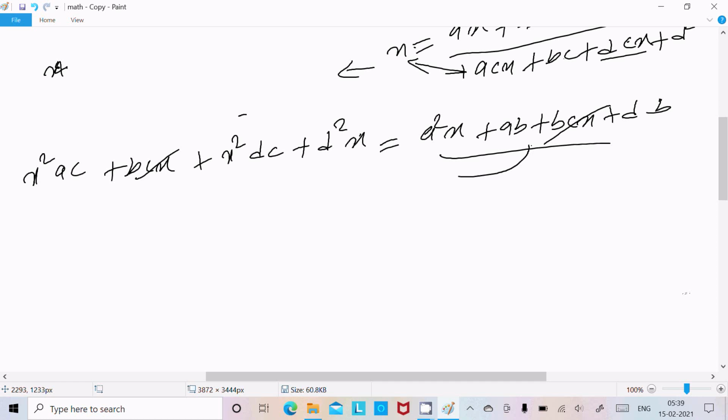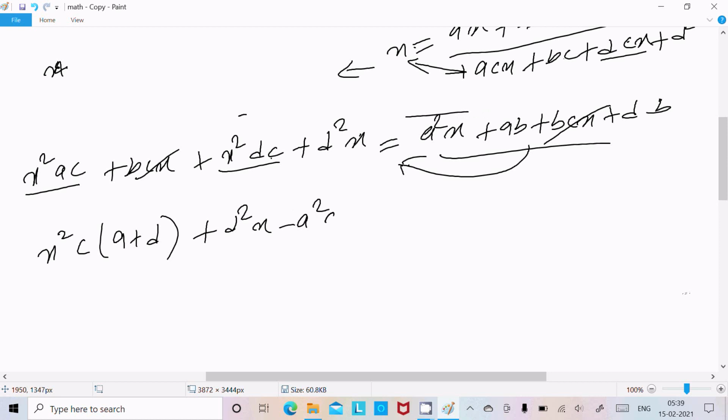Now hereafter these odd terms I'm going to move to the left position. So the x² term I'm writing first, so x², and here c is common, so taking c, it becomes a + d is the common. Now hereafter d²x, so this is going to take on the left position. So here minus a²x minus ab minus db equals 0.